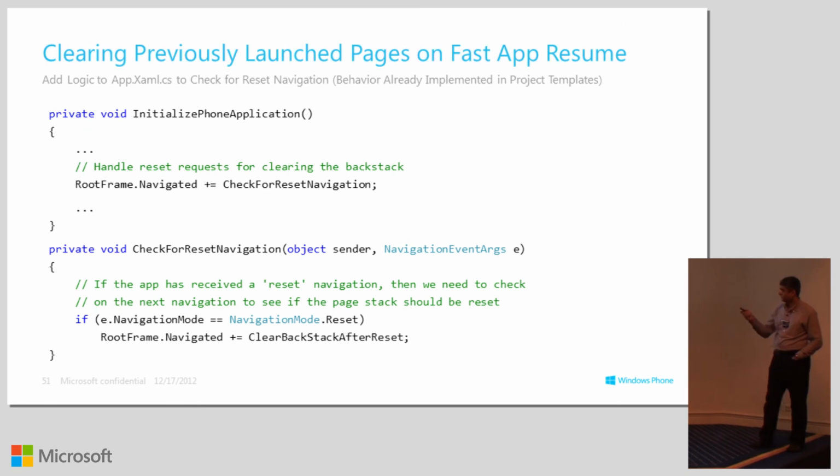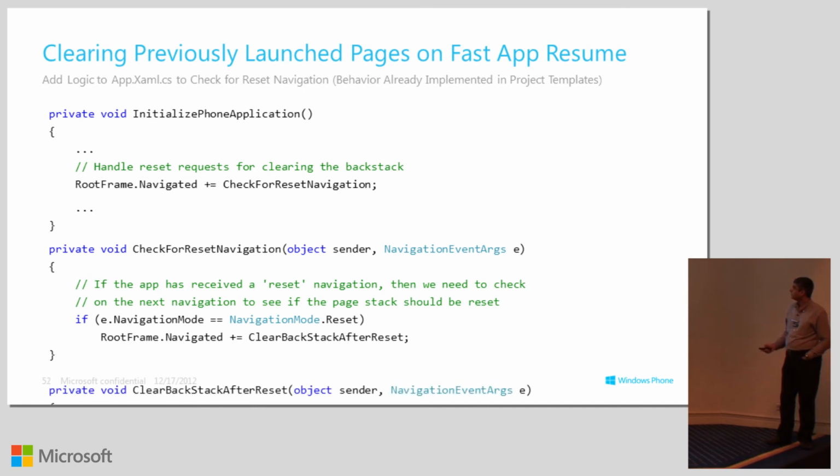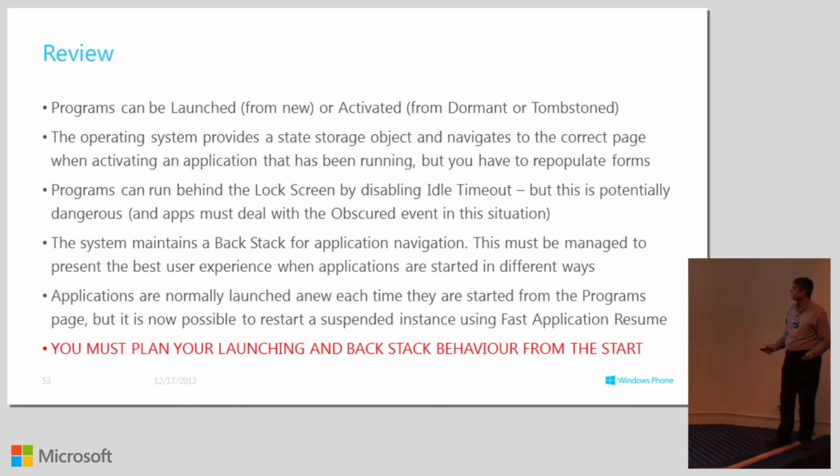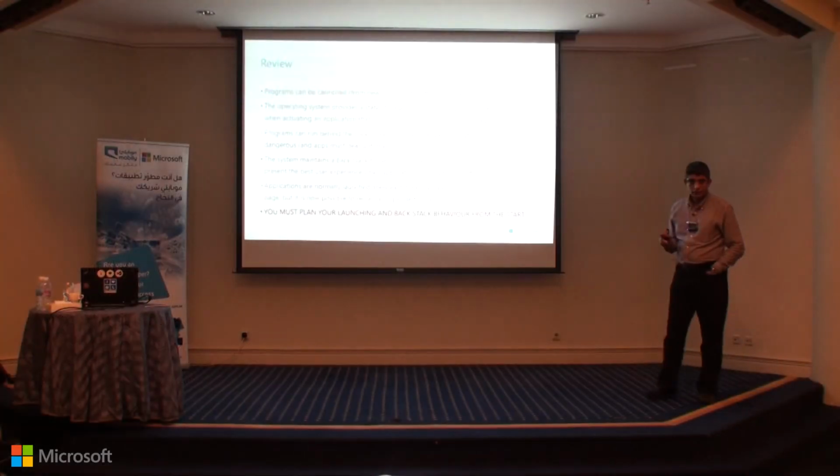And you can even have APIs that allow you to reset the navigation stack. So, for example, the scenario I said, if you want to close the application instead of going back to the previous page, you can just clear the stack. Okay. So we have one more session that I would like to cover.